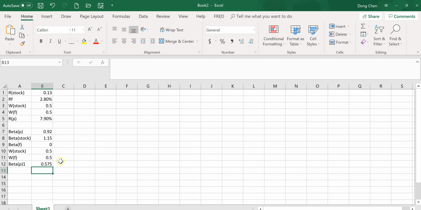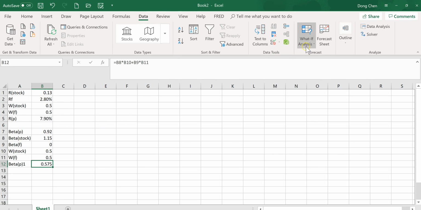So these two numbers do not match, but with a function in Excel, I can find out the weight on the stock, which will make this calculated beta of the portfolio exactly equal to this set value of 0.92. So let me use that. I go to Data, What-If Analysis, Goal Seek.